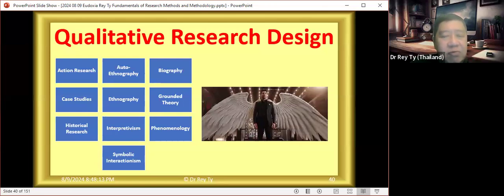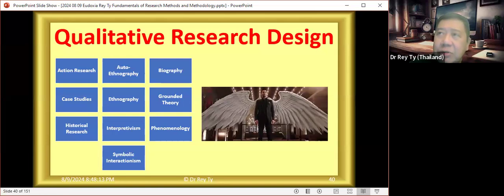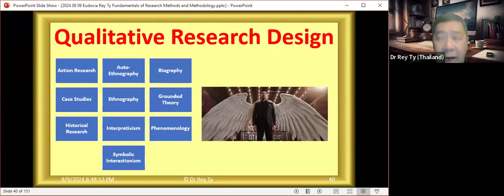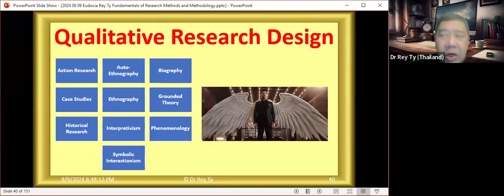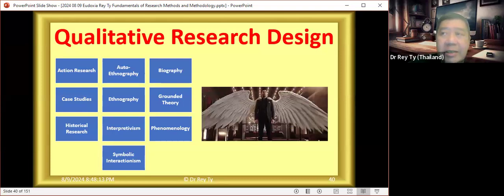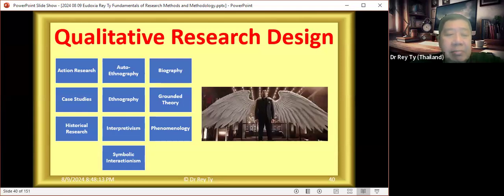So that's a type of qualitative research. Case study, that's very much used by Harvard Business Review. You just talk of one manager, one company, one product, and just explain it in depth. And there's another way of writing it.